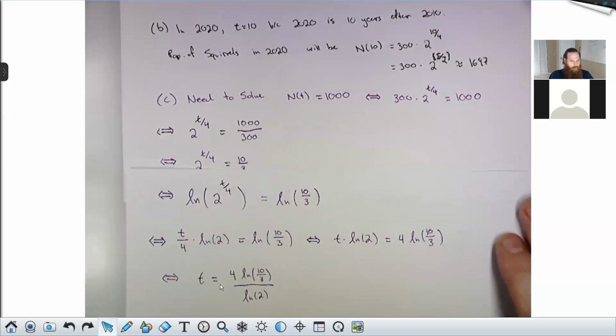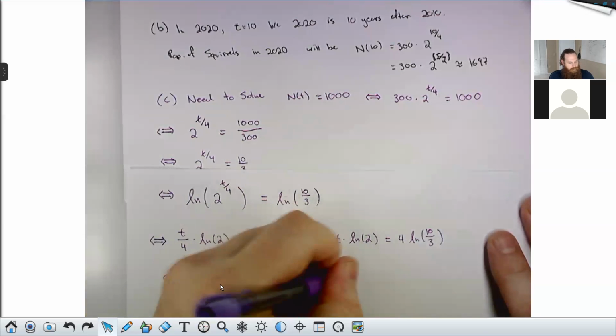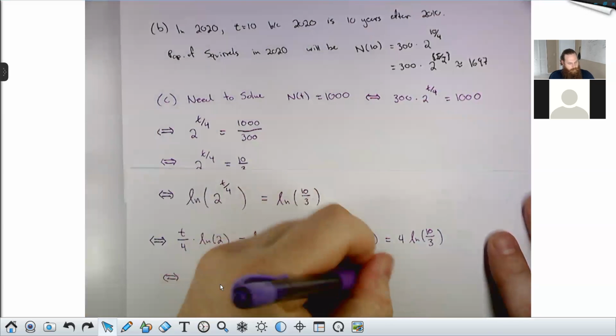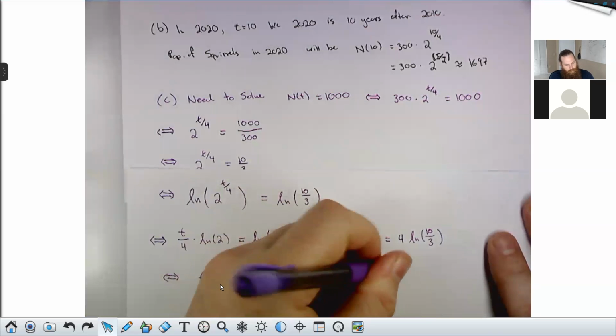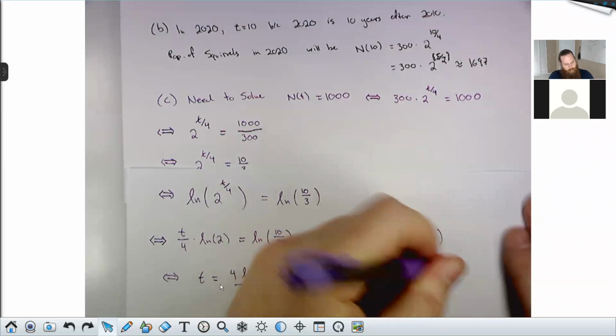Okay. Quick question. Is this the same as saying t equals 4 natural log 10/3 minus natural log 2?